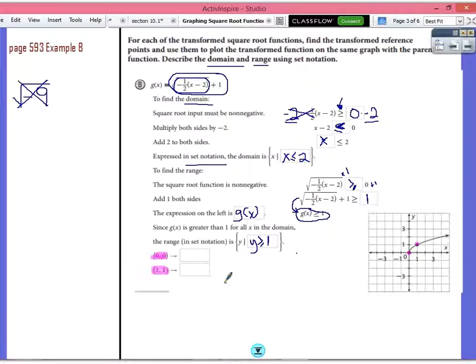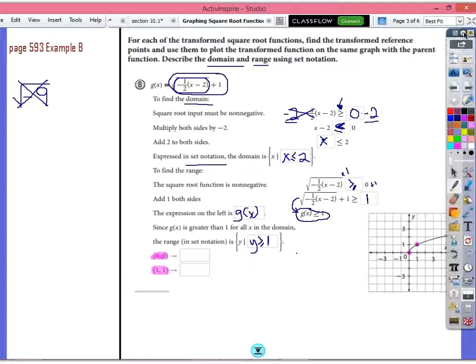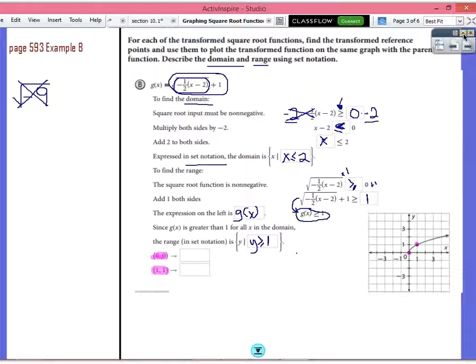Now we want to see how these 2 points are going to be transformed. Let's start with the point 0, 0. We want to do these in order: the multiplication effect and then the subtraction effect. When we reflect it across the y-axis, which is what the negative does here, that doesn't change the point at all.